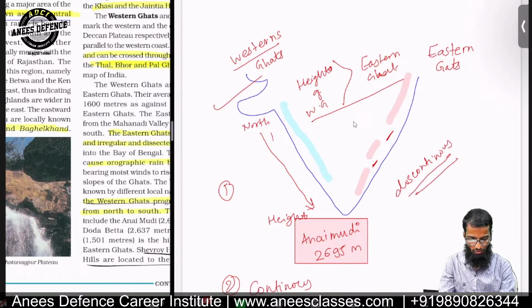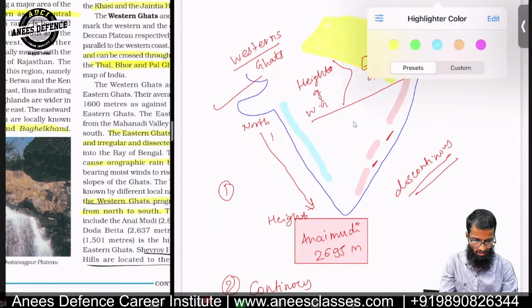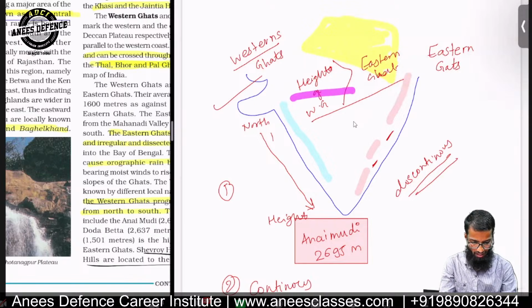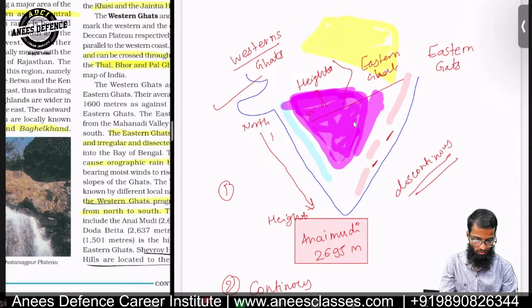Look, here in this plain area, you have alluvial soil, right? Here, in this area, you have black soil. You have Deccan black soil for cotton, right? This is black soil, black cotton soil.